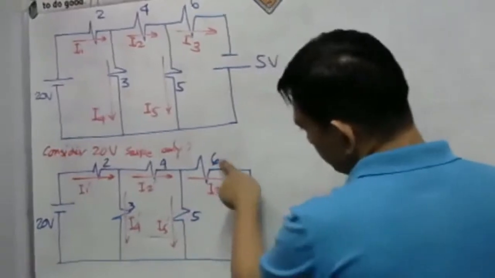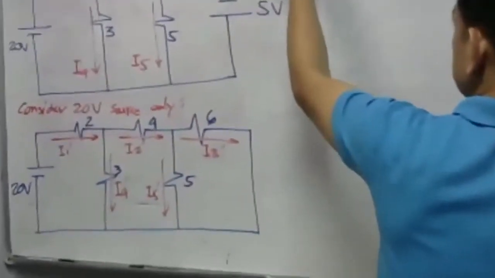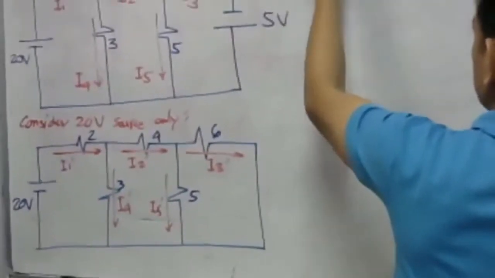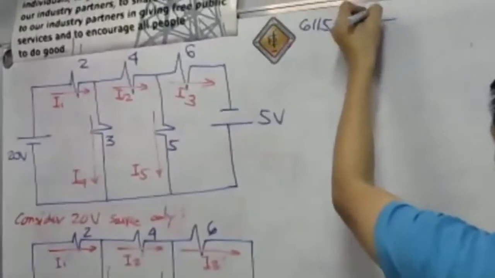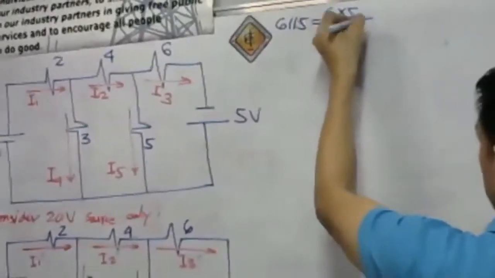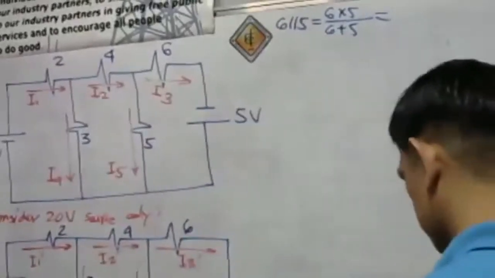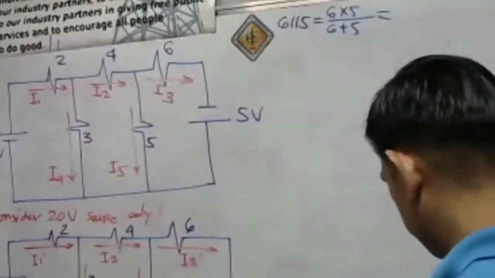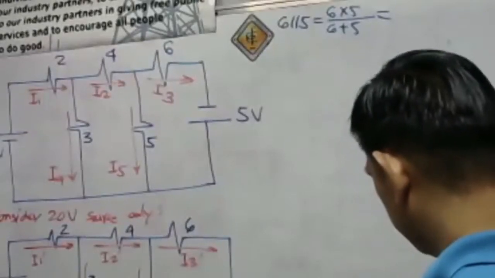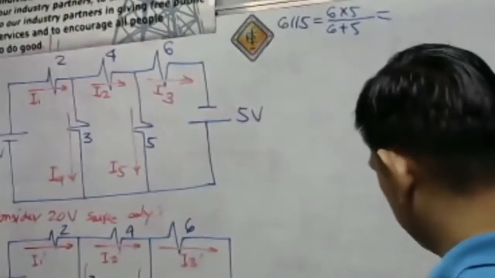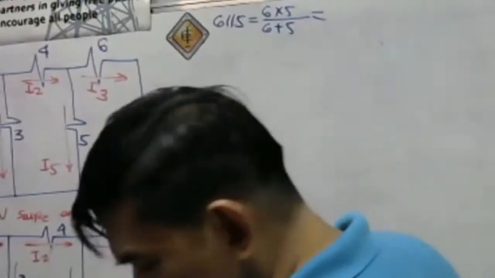We have here the 6 in parallel with 5. What is 6 parallel with 5? Of course, we have the product over the sum. So 6 times 5 over 6 plus 5, so we have 30 over 11.